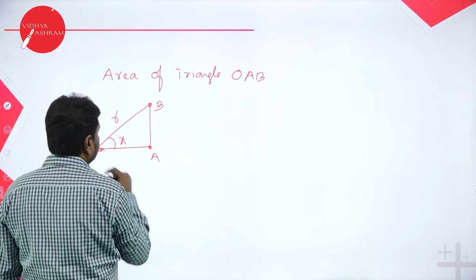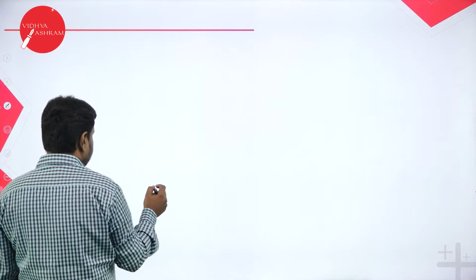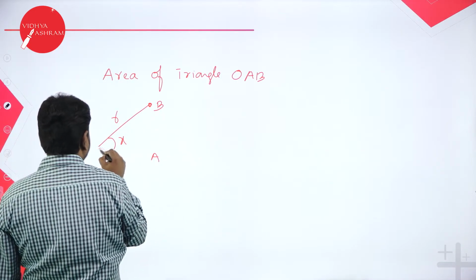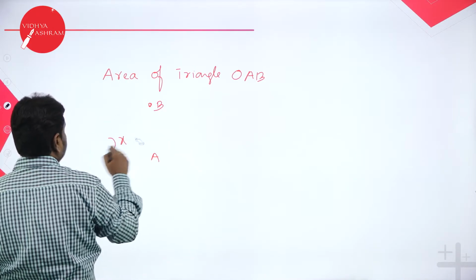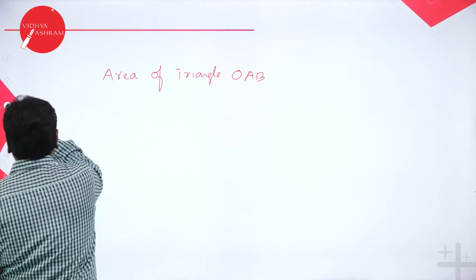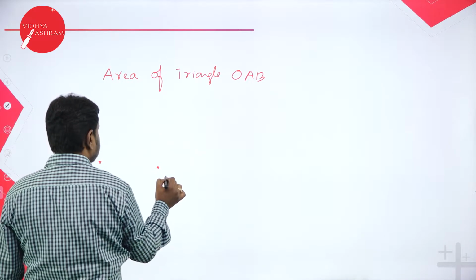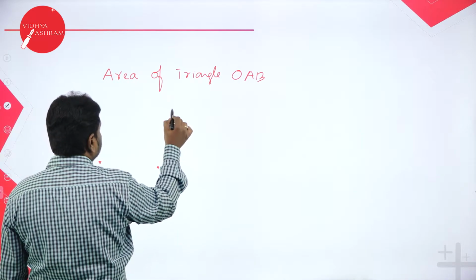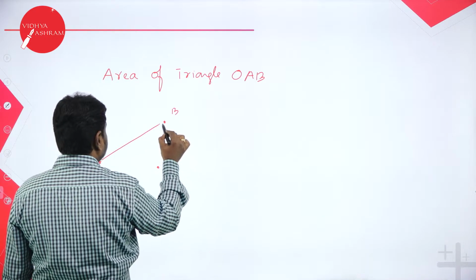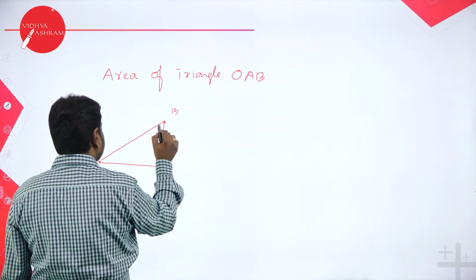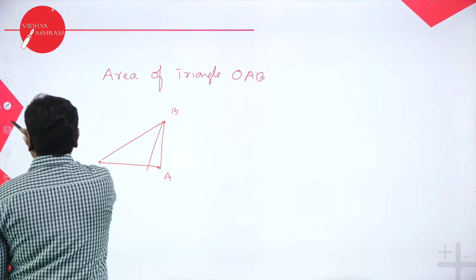Now OAB, we draw this better. O is here, A was here, and B was here. OAB. And for this we have drawn a perpendicular also, if you see.